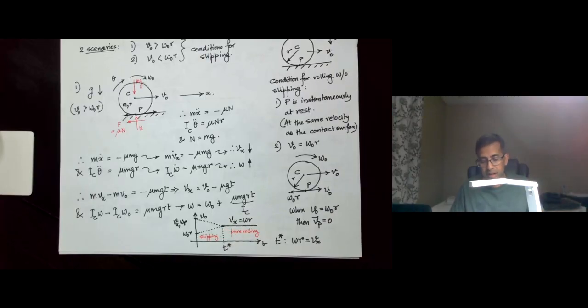This is considering an ideal rolling situation, where in pure rolling there is no energy loss. So it is almost like the friction is manifesting itself in such a way that it reduces the linear velocity and increases the angular velocity times r, and then causes them to be eventually equal to each other. So that was the first scenario.